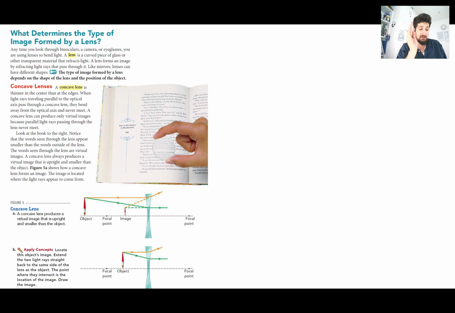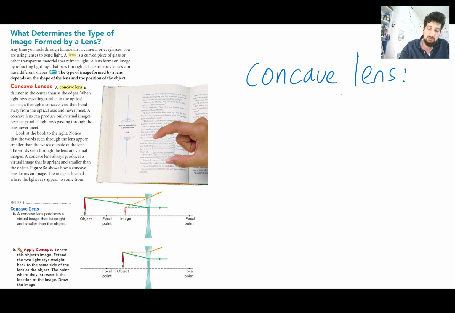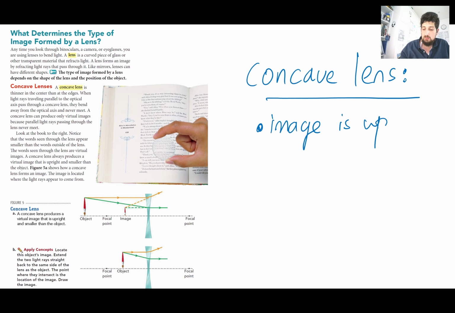Upright means it's standing in the same position, the same direction as the object, and smaller than the object. So as far as concave lenses are concerned, the image is upright. That means same direction as the object. The image is diminished or smaller.